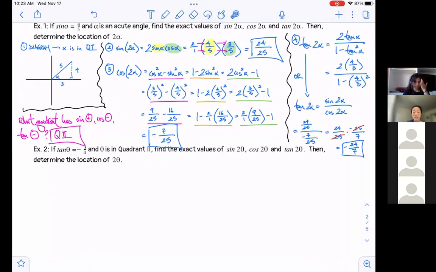In fact, we can pretty much use all of the same steps, except in between, our picture might look different. We might have different numbers, but that's it. Like the structure of what we set forth for ourselves will remain the same. All right. So we're going to start with a diagram. Then we're going to find our sine 2 alpha, our cosine 2 alpha, and our tangent 2 alpha. All right.